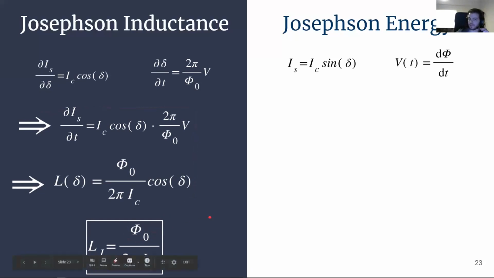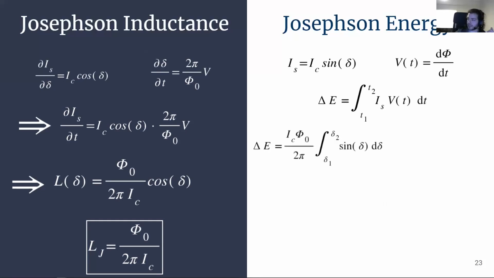The energy will be equal to the work done by the function, and we have here a voltage and a current. We can just take the integral, plugging the relations in here. So we apply IC here and VT here, take out the constants and take the integral from some delta 1 to delta 2.